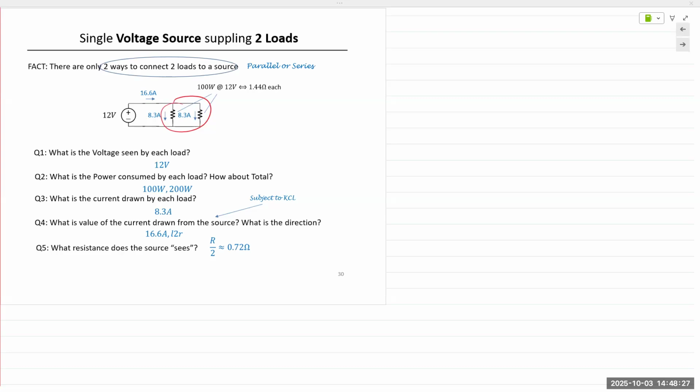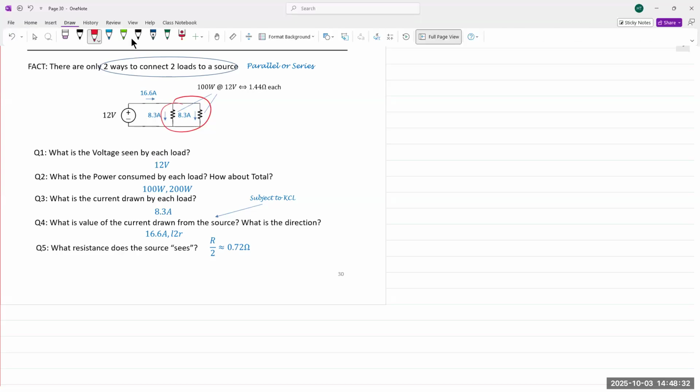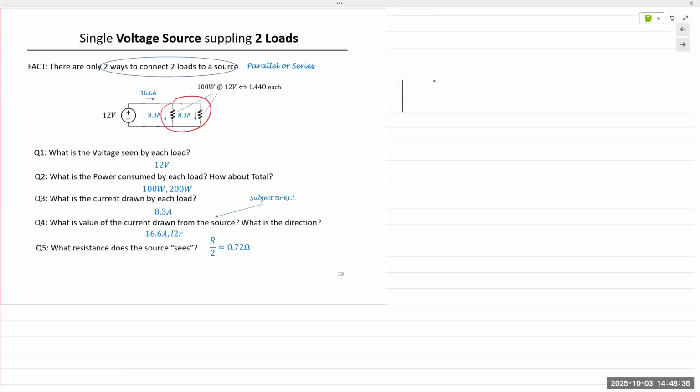So let's use an illustration. If we have a power distribution box, and let's say this is outside the building, and then we have these rooms inside the building.